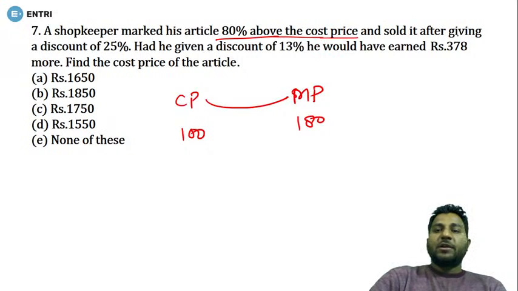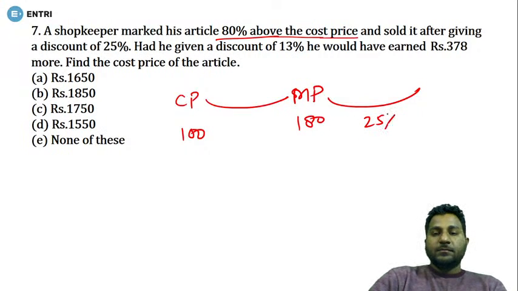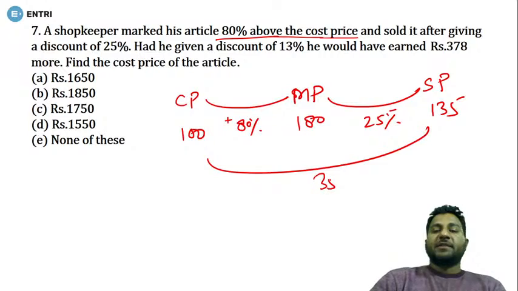Yes, and sold it after giving a discount of 25%. So 25% would be, look, 80% was above and 25% would be 1/4. So 45 would be deducted and selling price would be 135. So clearly 35% is the profit.